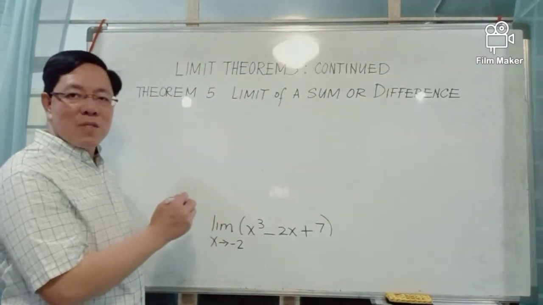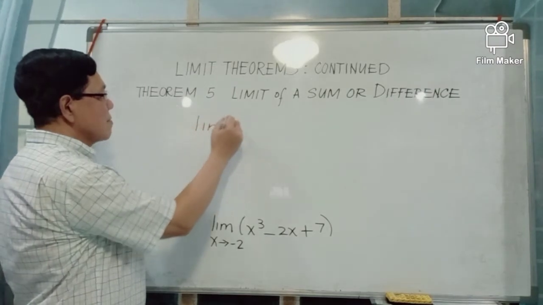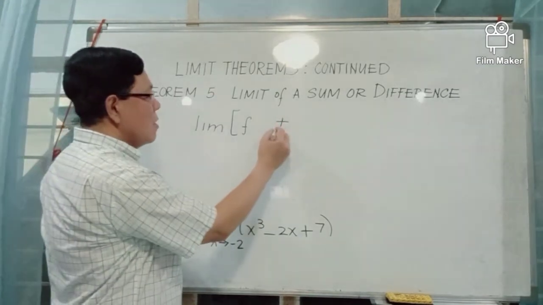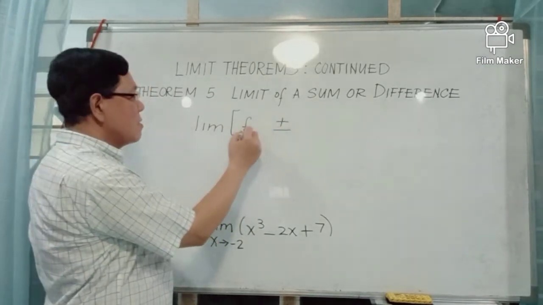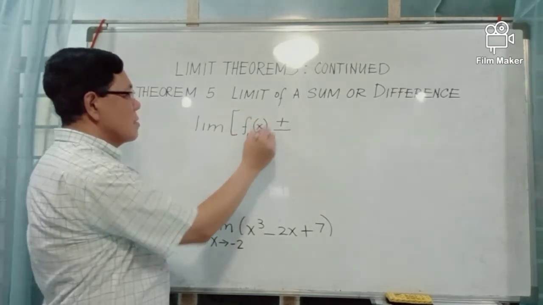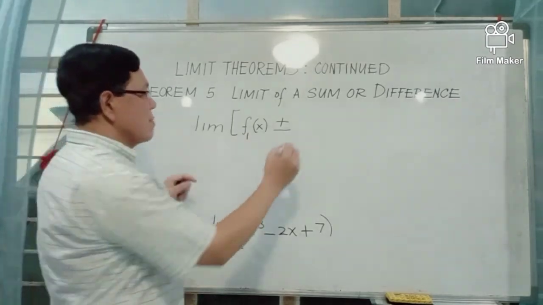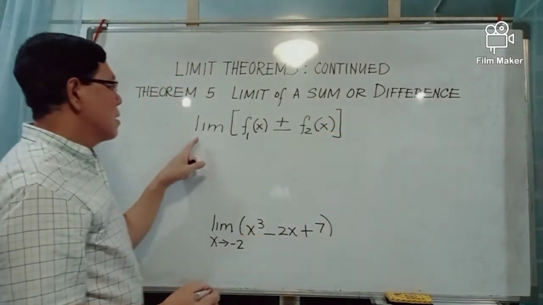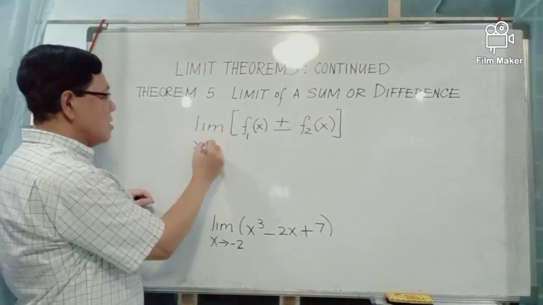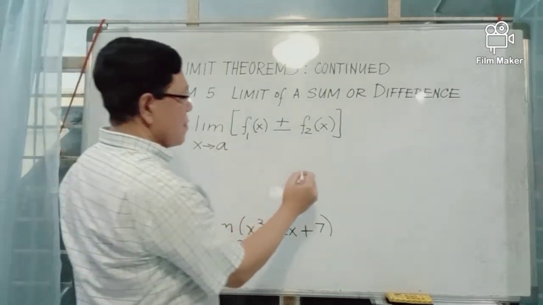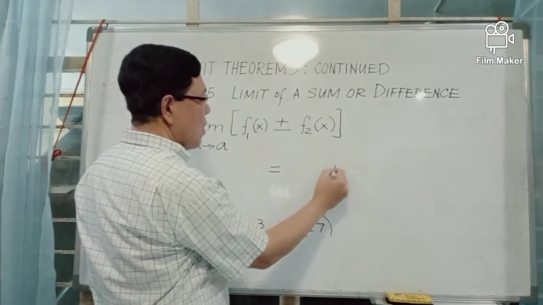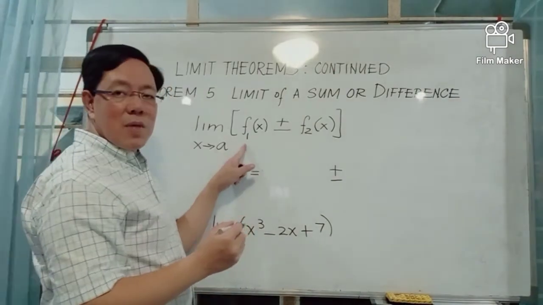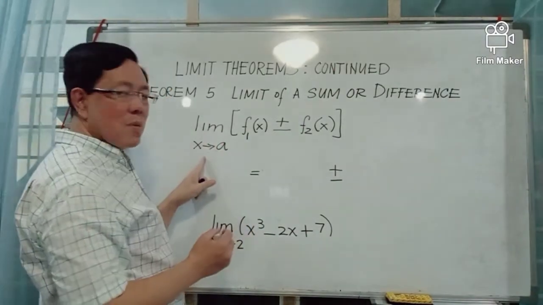This limit theorem 5 says that the limit of a sum indicated by addition or difference indicated by the minus sign of two functions, say f sub 1 of x and f sub 2 of x, as x approaches a is equal to the sum or difference of the limits of the two functions as x approaches a.